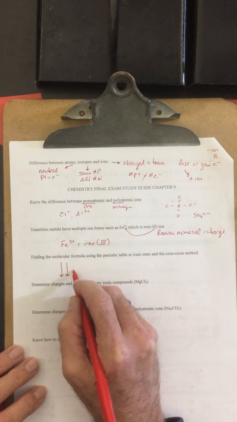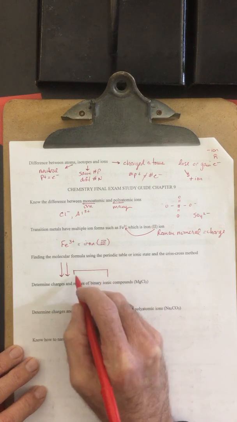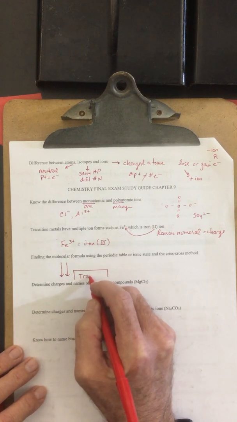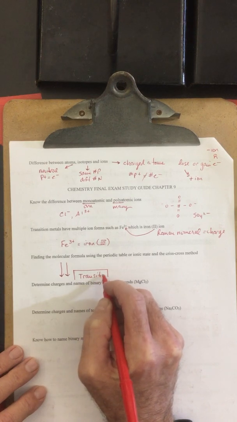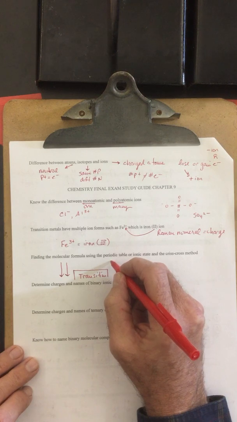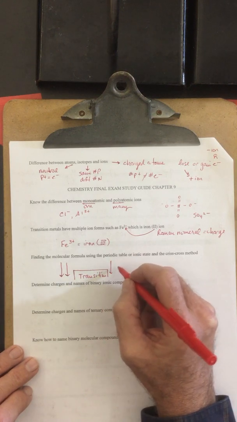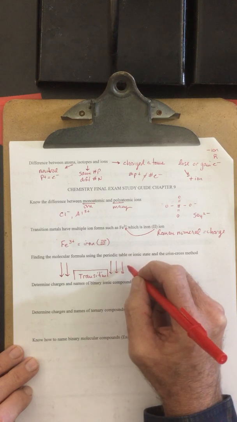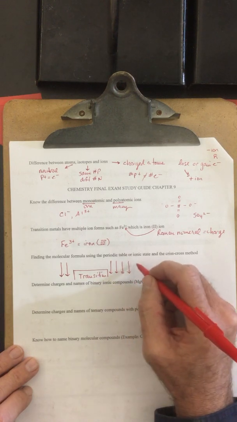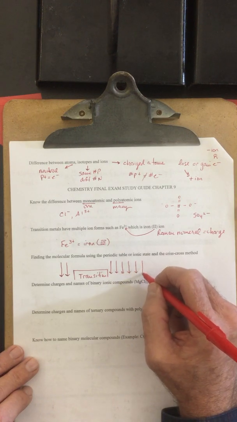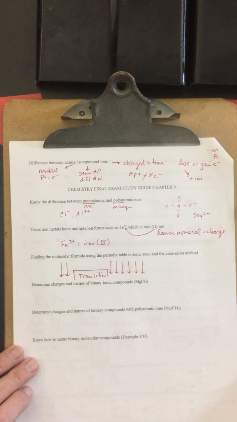Then if you remember, we have this big box of transition metals. Then we have group 3 over here, going down, and then group 4, group 5, group 6, group 7, and group 8.